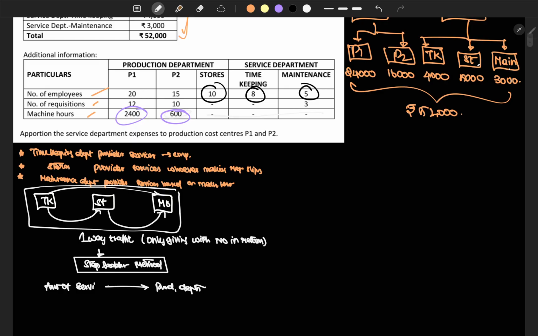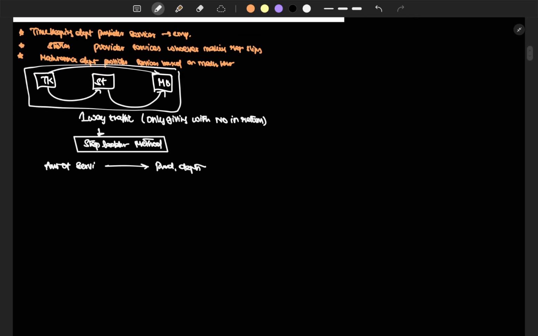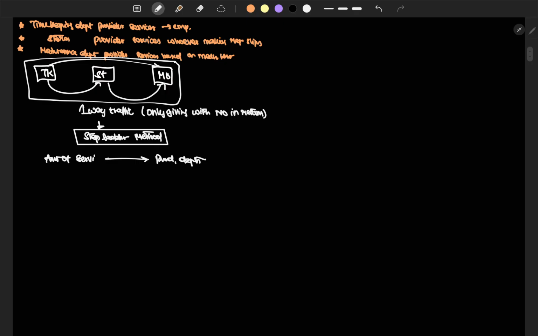Then we understood that the timekeeping department provides services to all departments, the stores department provides services to the maintenance department, and the maintenance department provides services to nobody in the service departments, only to the production departments, right? We have pictorially represented here that no one is returning anything to the giving department. So this is purely a stepladder method.